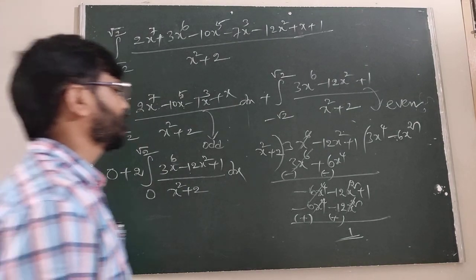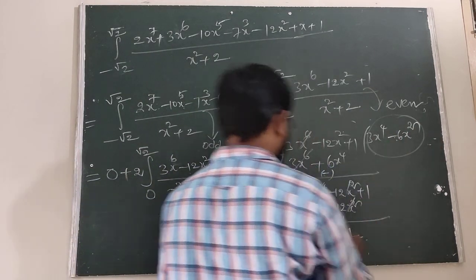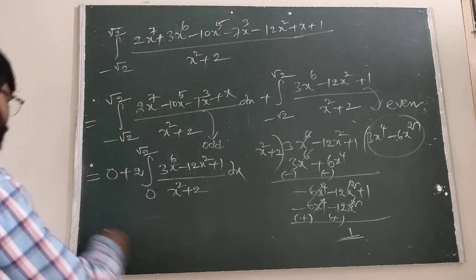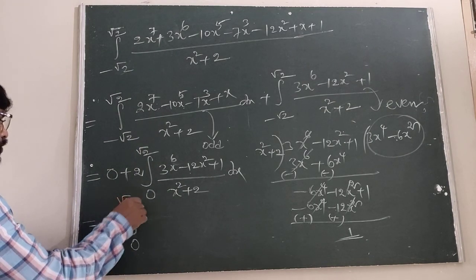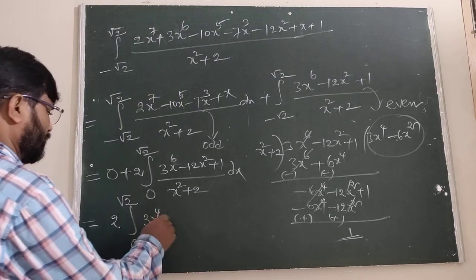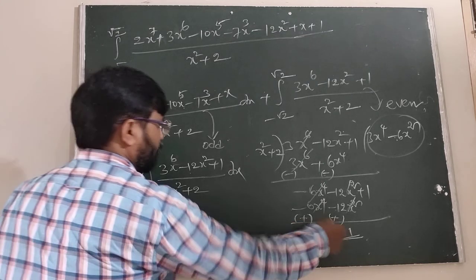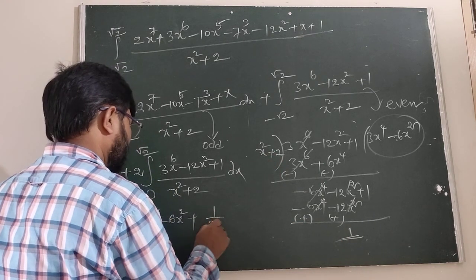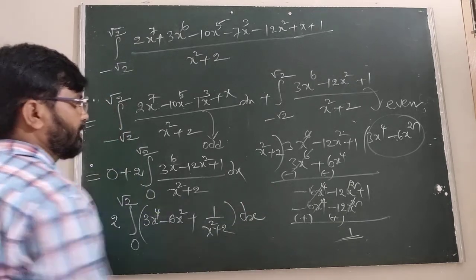Therefore, by the division algorithm theorem, dividend equals quotient plus remainder by divisor. This can be directly written as 2 times the integral from 0 to root 2 of 3x power 4 minus 6x square plus 1 by x square plus 2 into dx.